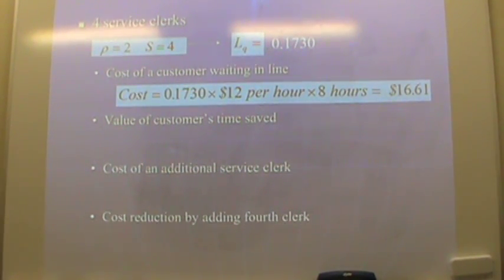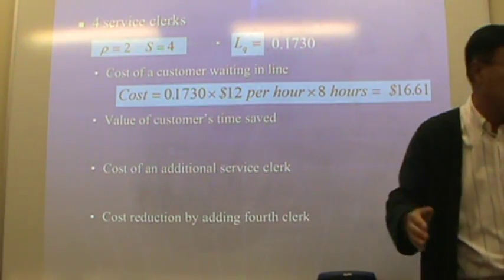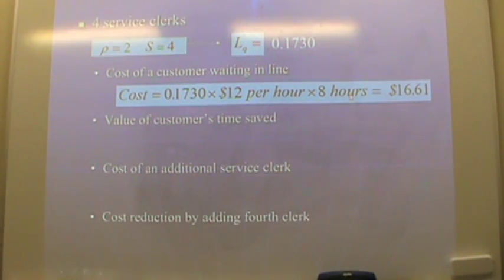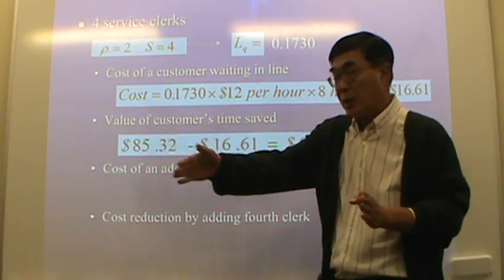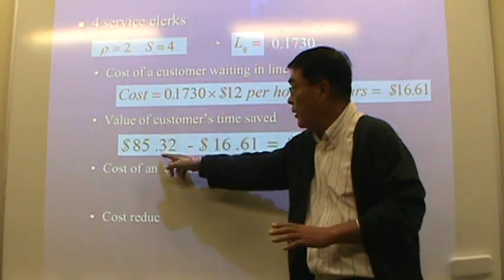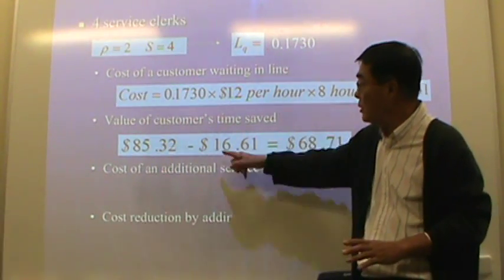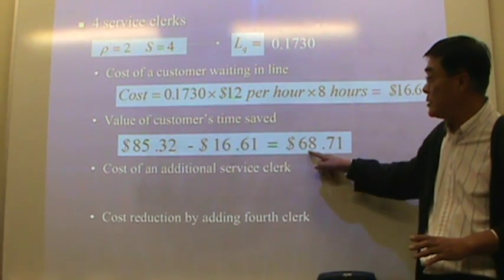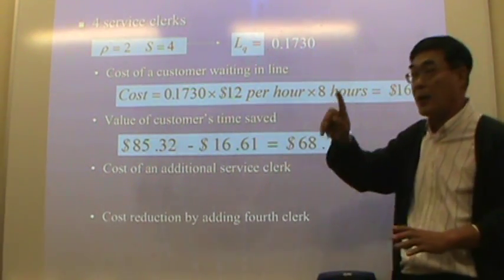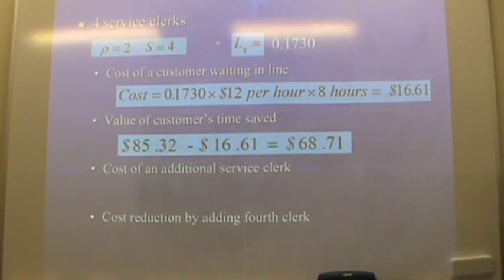So this is the value of customers' time saved. By hiring one more clerk, opening one more cash register, we can save customer cost like this. When 3 workers work or 3 cash registers are open, 85.32 customer cost, but hire one more, $16.61 cost. So we can save $68.71 by hiring one more clerk or opening one more cash register.